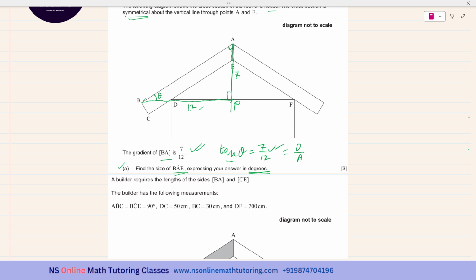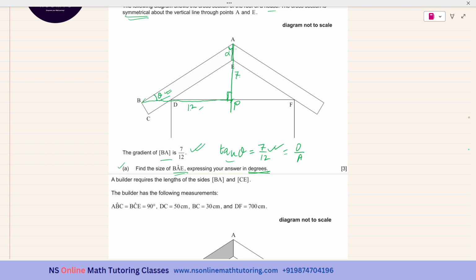We will find the value of theta, because theta plus this angle alpha should equal 90 degrees, as the sum of the other two angles of triangle BAP is 90 degrees.